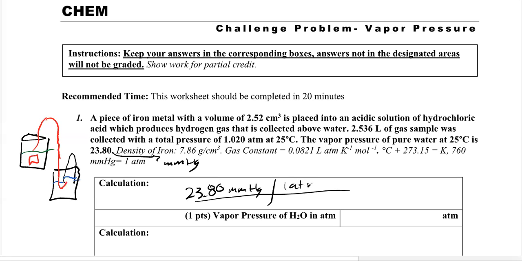We say 1 ATM is 760 mmHg. Now I'm going to keep 4 significant figures, so 0.03132 ATM. That's the vapor pressure of the water in ATM at that specific temperature.